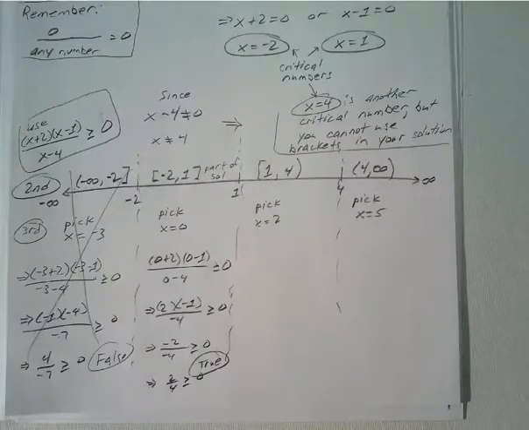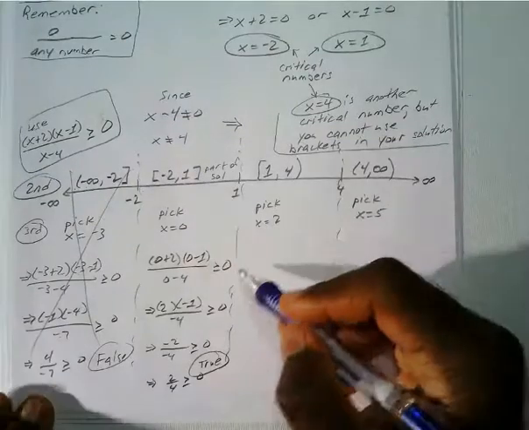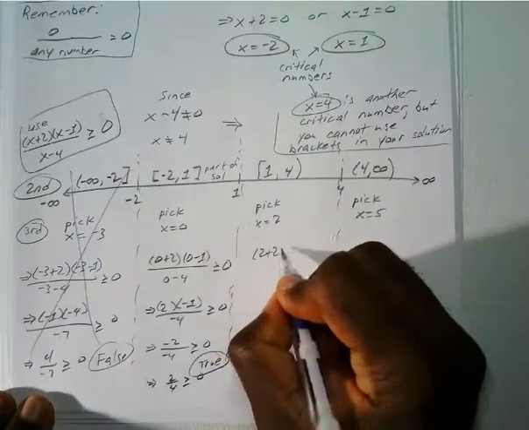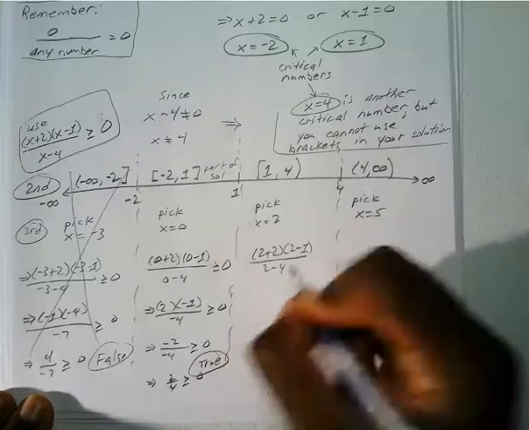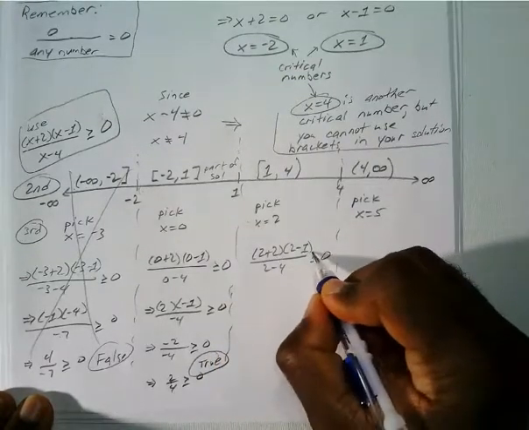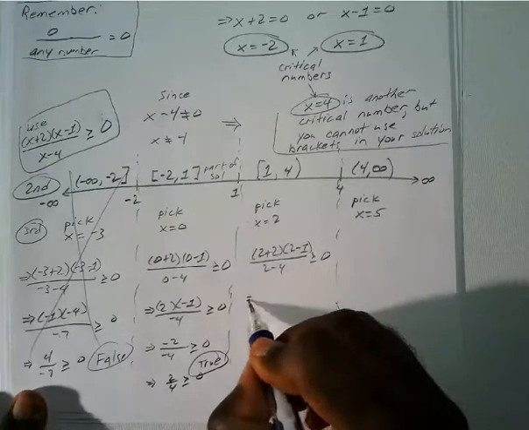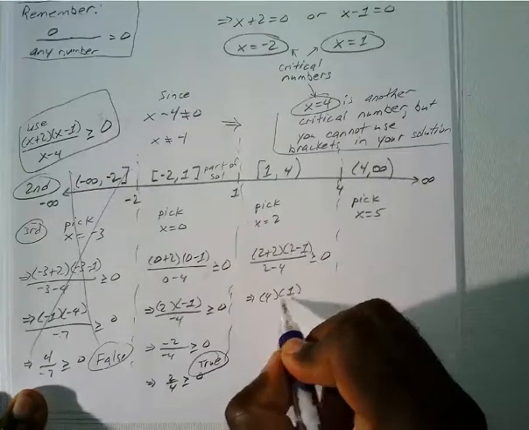Okay, so let's go ahead to our next test value. So picking x equals 2, we have 2 plus 2 times 2 minus 1 over 2 minus 4 is greater than or equal to 0. Okay, 2 plus 2 is 4, so we have 4. 2 minus 1 is 1.